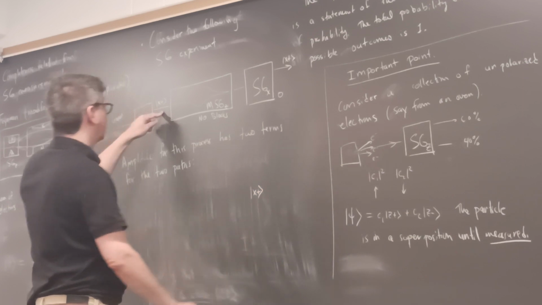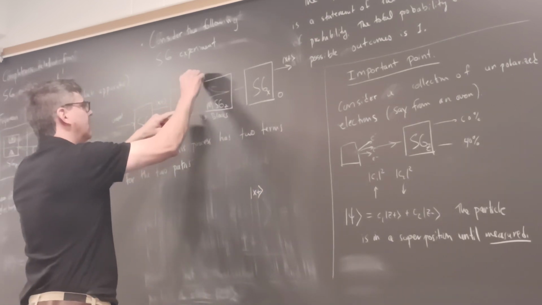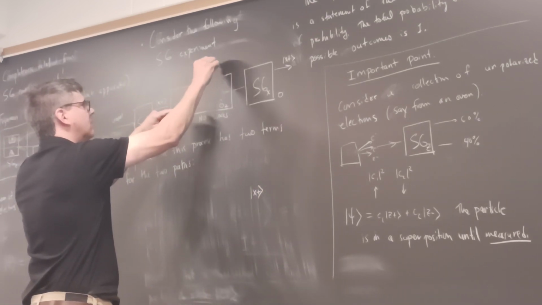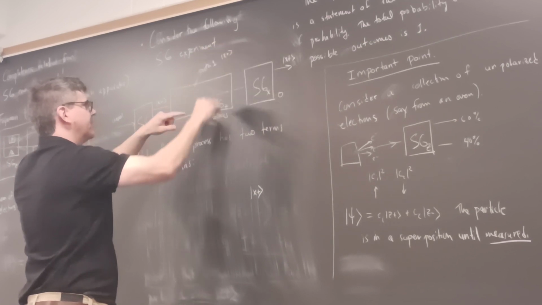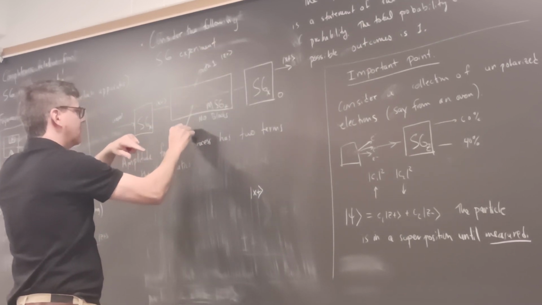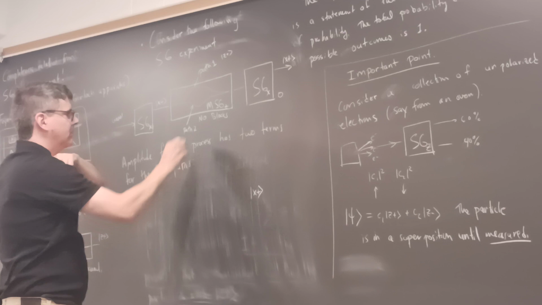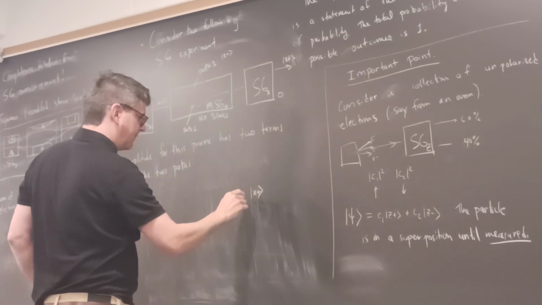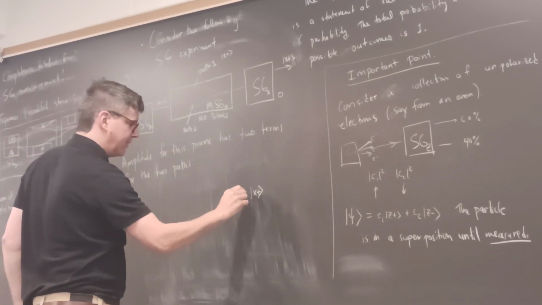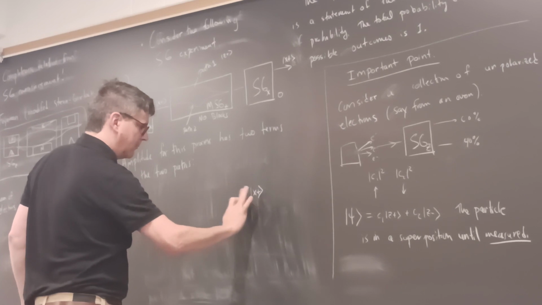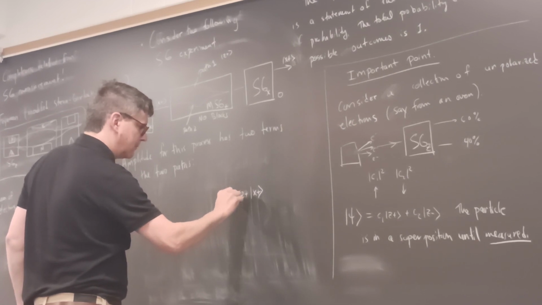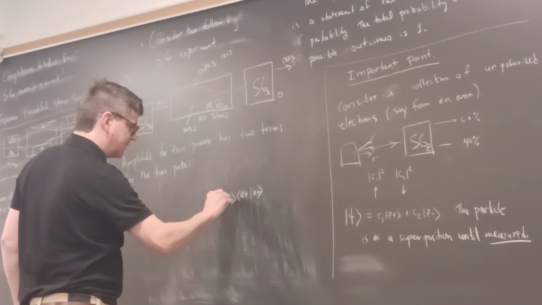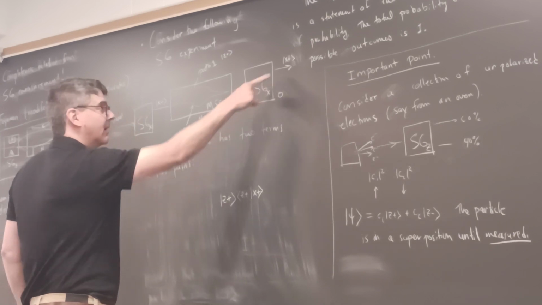We can take path 1, which is through Z plus, or path 2, through Z minus. So on the top path, we'll go through Z plus, and then Z plus back to X plus.